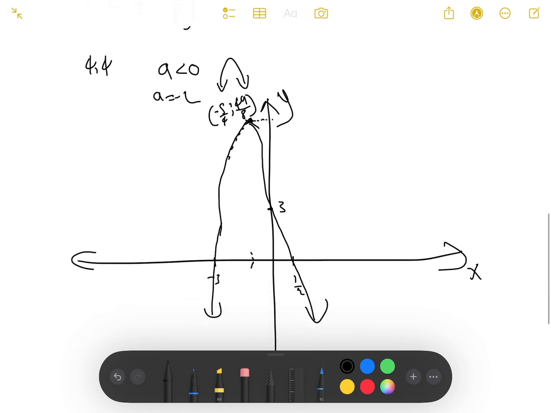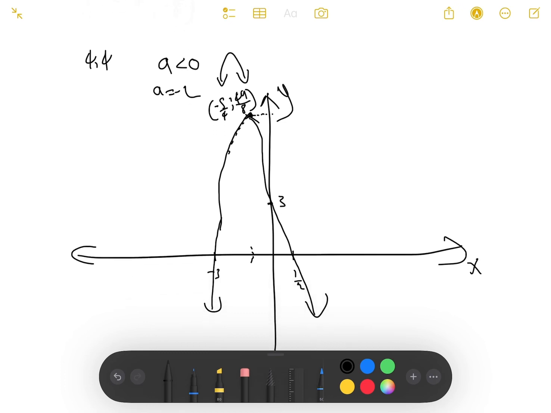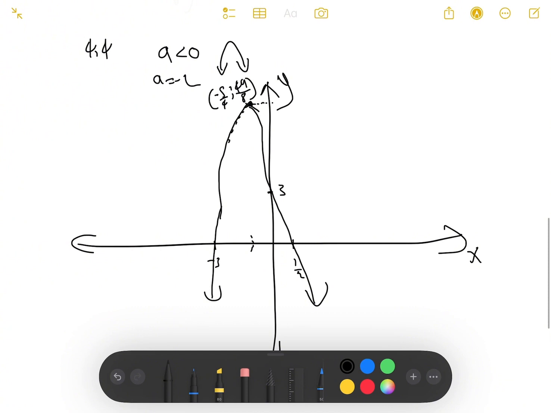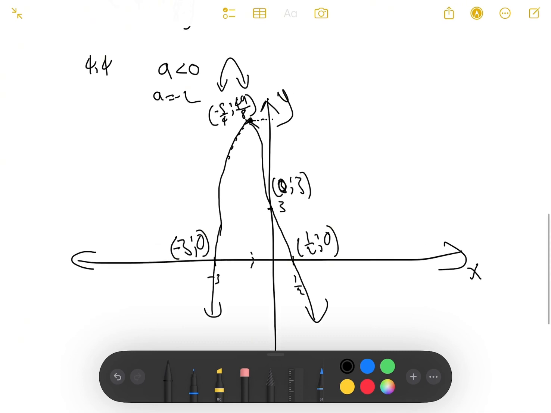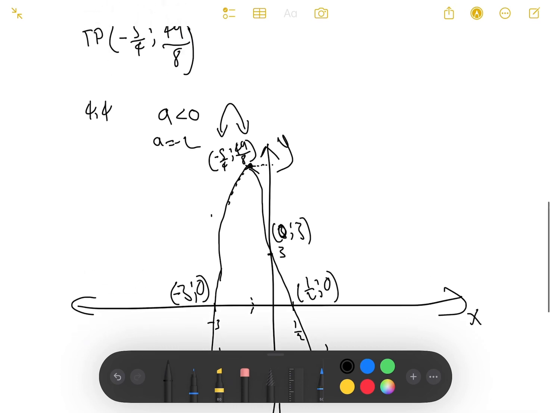Sorry, my sketch is not drawn to proportion, but I hope you get the sense. Here we're going to show our coordinates: (negative 3, 0), then here (half, 0), and then here (0, 3), and we've already shown the top one. And we're also going to call our graph f.